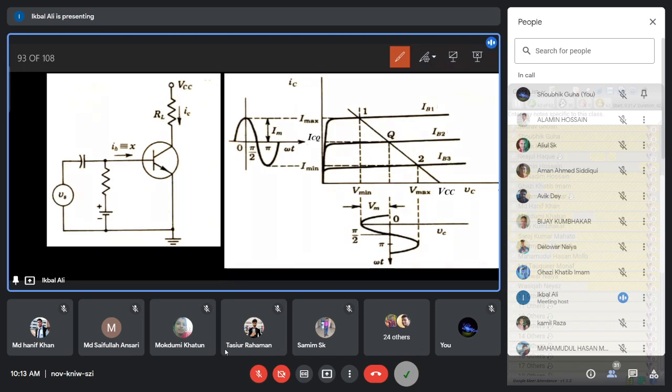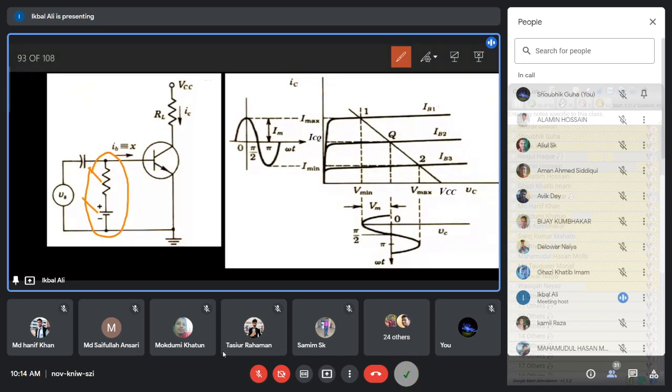VT and RT are the equivalent at the base side. The R1, R2 section, that is the left-hand side of the base, has been simplified to this VT and RT, which is the Thevenin voltage and Thevenin resistance. And this equivalent circuit here is actually that one. You can also draw the R1, R2, or you can draw the simplified version. In this figure, it is drawn in the simplified form. So this is your VT, the Thevenin equivalent voltage, and this is your RT, the Thevenin equivalent resistance.